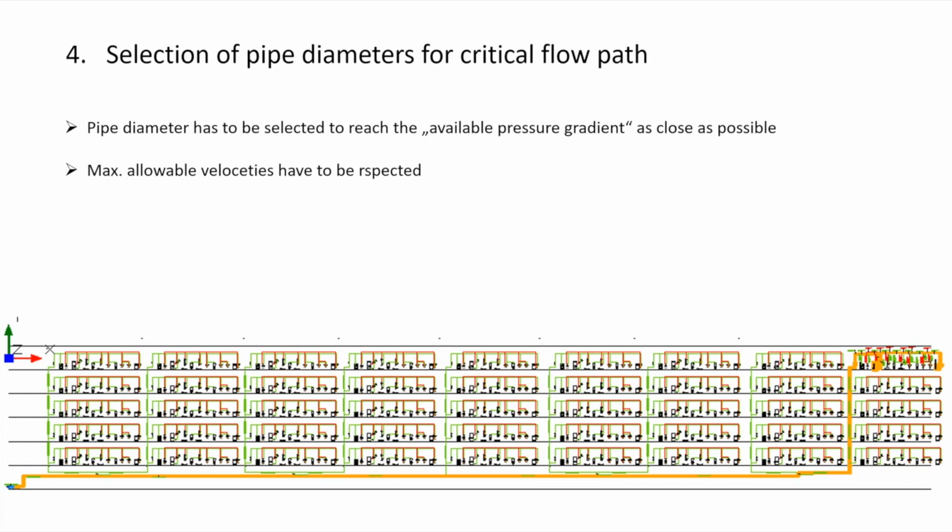For this building, for example, in each apartment we have 10 fixtures: 8 fixtures with hot and cold, and 2 fixtures with cold only. So we have a total of approximately 810 flow paths. We have to redo the same work for 800 flow paths again.